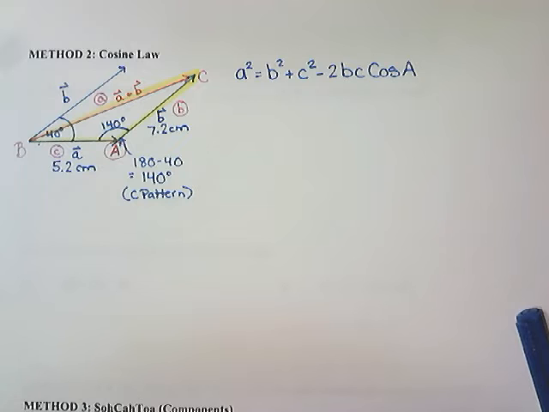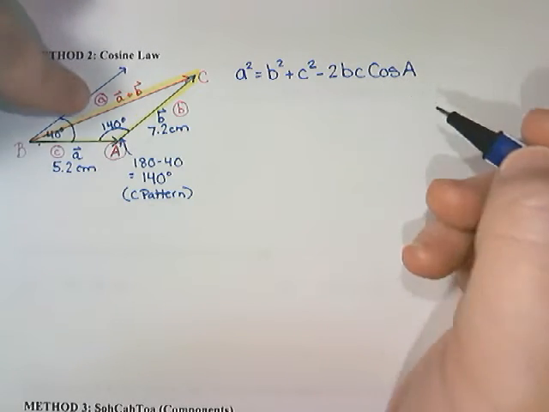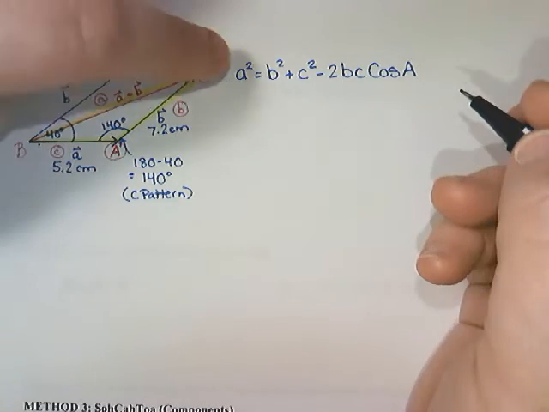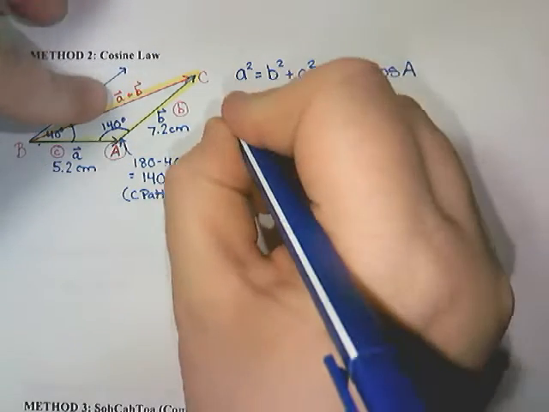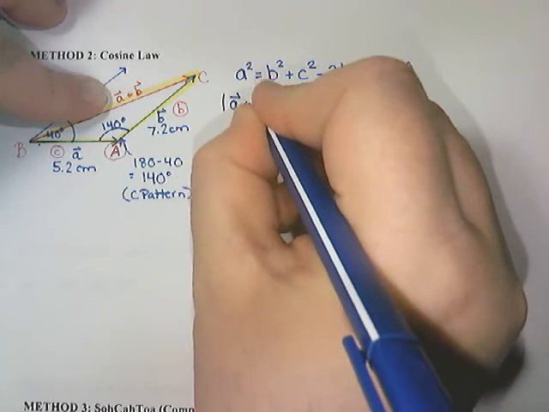Okay, so if I'm using my cosine law formula, side A is this side, which I don't know. It is A plus B. So I could leave it, honestly, as just A. I could write it as the magnitude of A plus B because it's the length of that side.